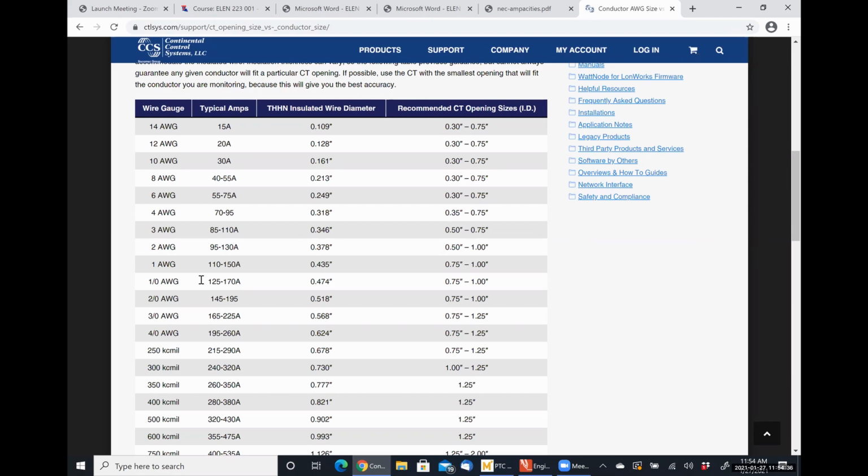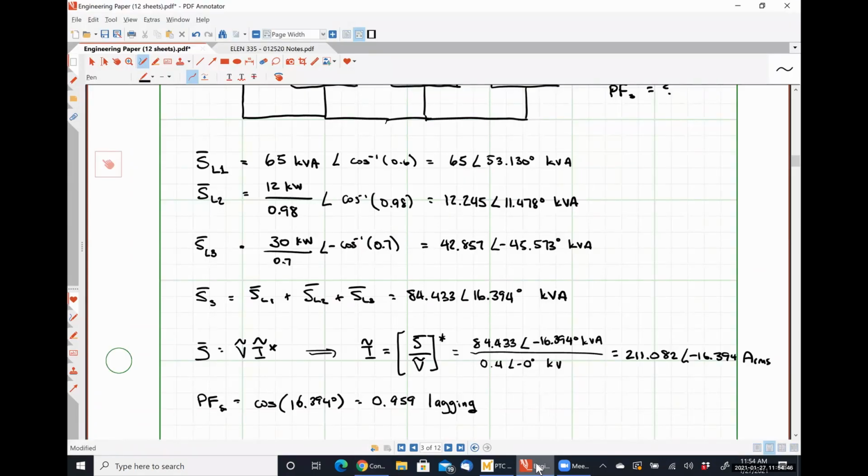Before we talk about power factor correction too terribly much, our power factor here is actually pretty good, right? We have a power factor of 0.959 lagging. So that's actually pretty good. We're pretty close to unity. What would increasing the power factor do to the amount of current that's flowing in our system?